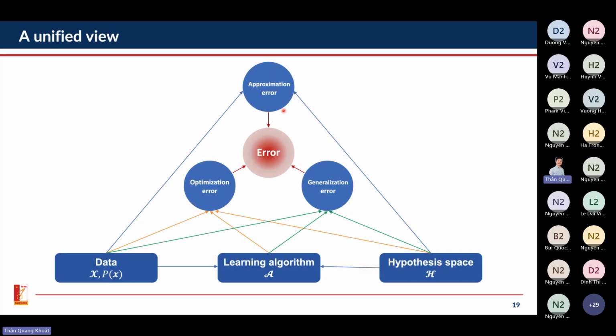There are many different types of error, and each type can be caused by different factors. For example, approximation error can be caused by our specific architecture. When we choose one architecture, it can produce some approximation error. And of course, it also depends on the data space and the data distribution, right?